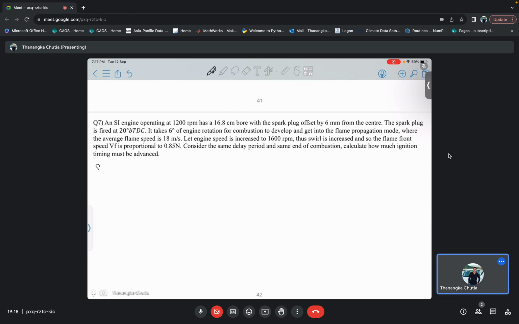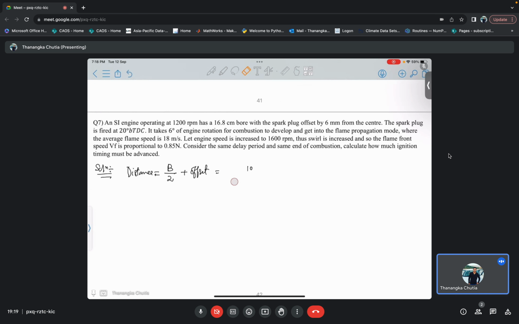Okay, so distance is equal to b by 2 plus offset, because in the earlier case the offset was not there. So what is the distance? Bore is 16.8 by 2.